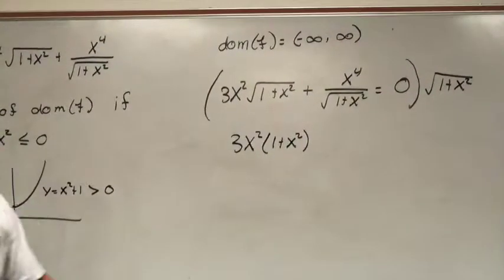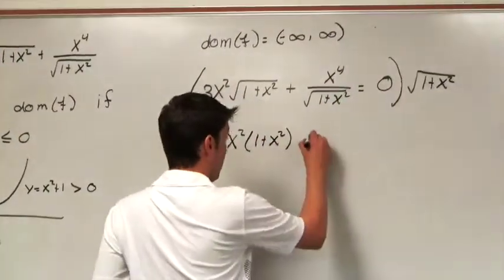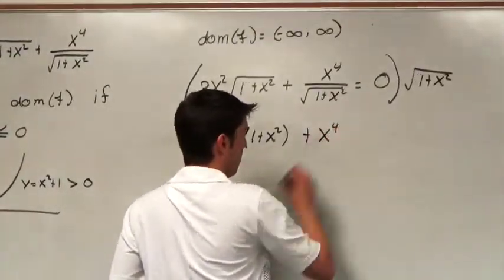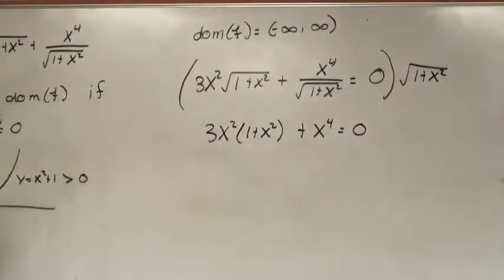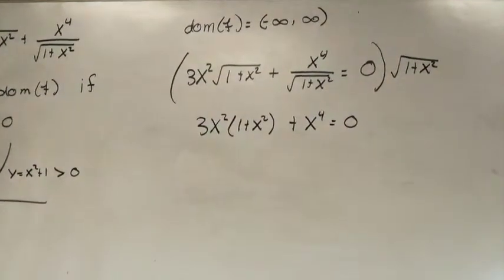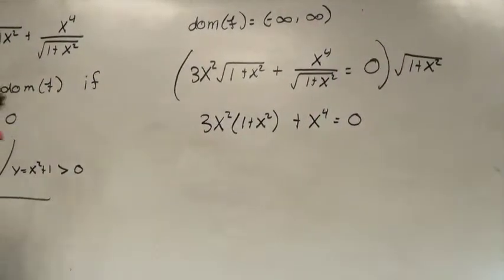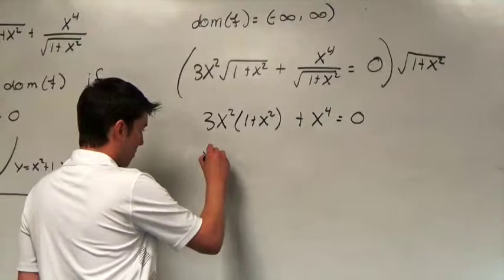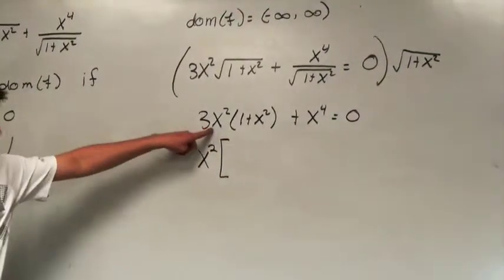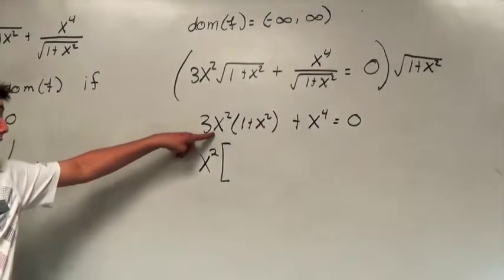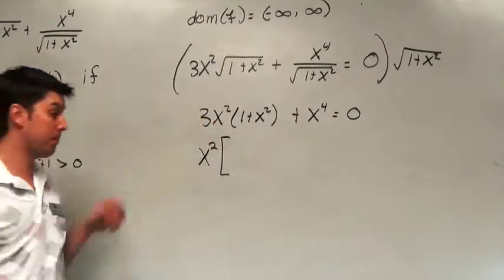Least common denominator times the second term on the left. The denominator cancels out, leaving an x to the fourth. And anything times 0 is 0. I think we can factor out an x squared from both terms. All right. So if I take an x squared out of this first term, I will be left with the 3 and the x squared plus 1.